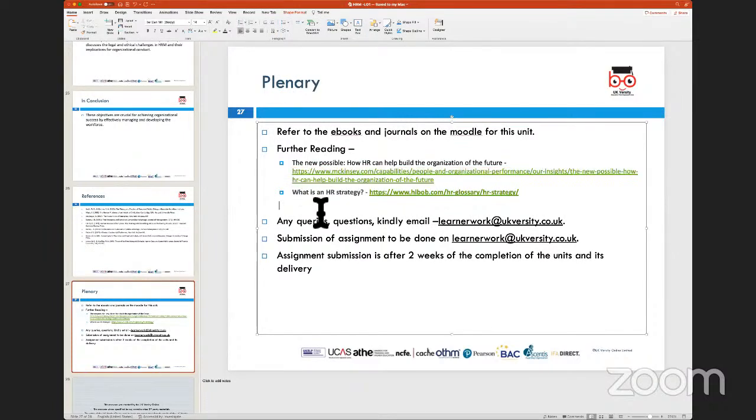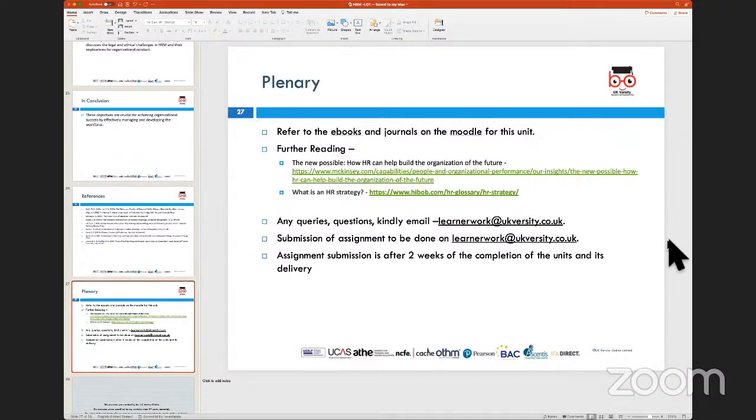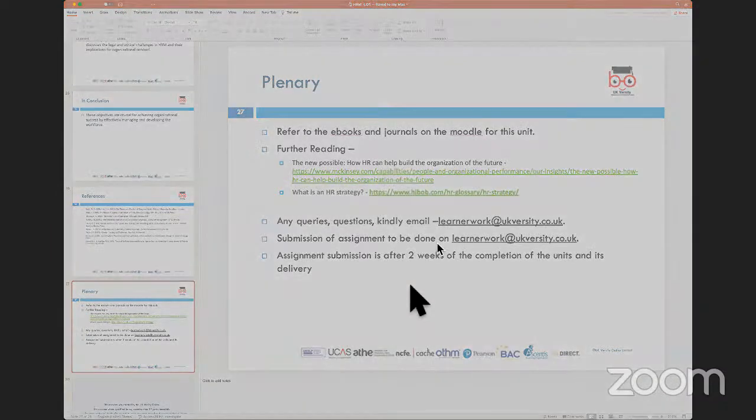And the other is, because of the history of HR that we have studied, and we talk about the origins and evolution of HRM into strategic HRM in the 1990s, what is HR strategy? There's a very good article written on this particular site, and this is what I would suggest you read in order to understand this learning outcome that we have covered today in a lot more detail.